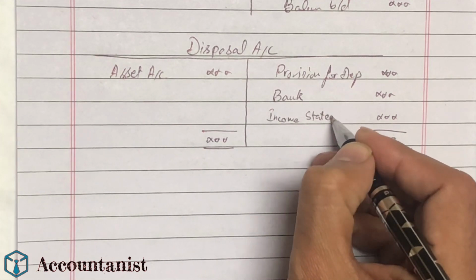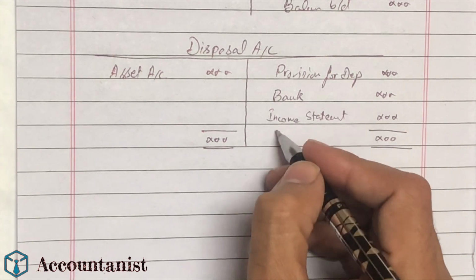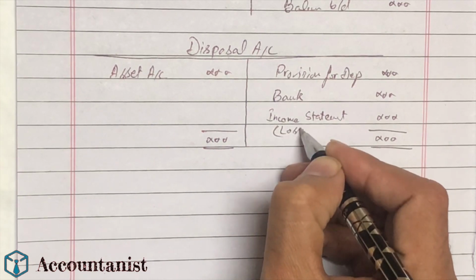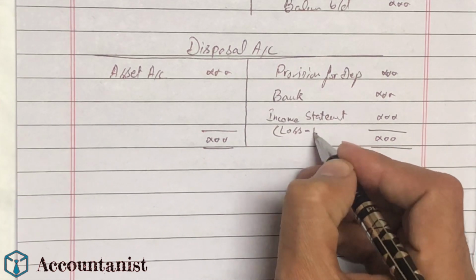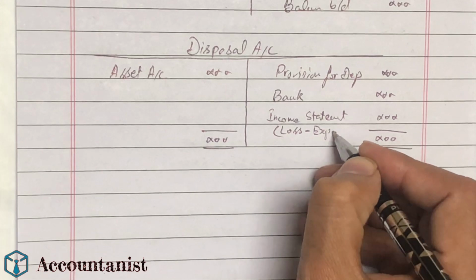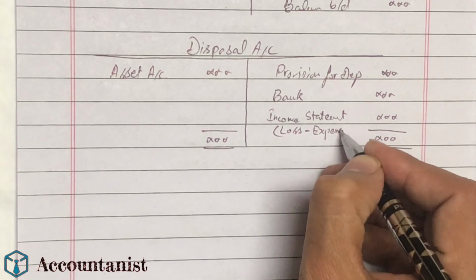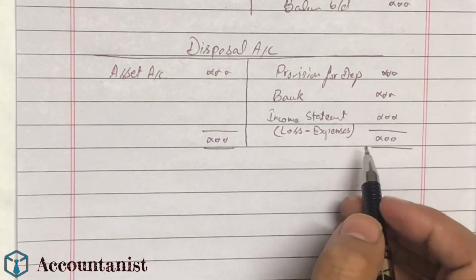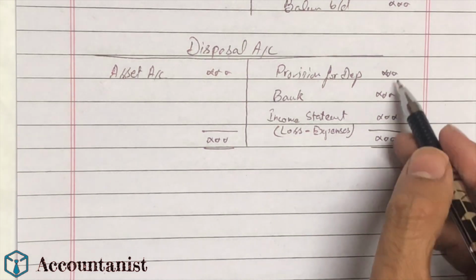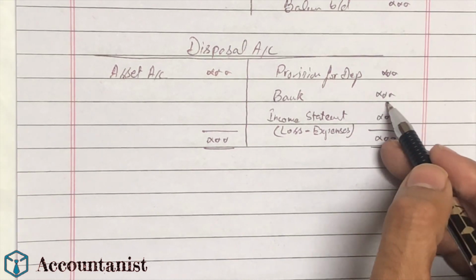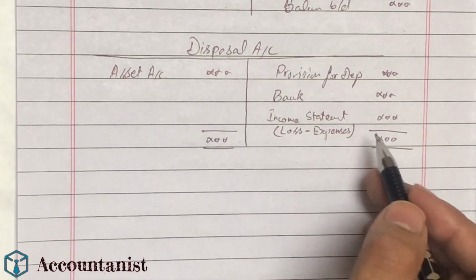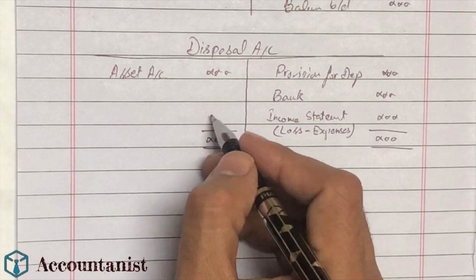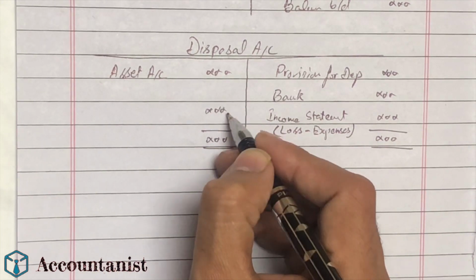If we have a balance on this side, it means it's a loss on disposal, so it goes into the expenses section of the income statement.